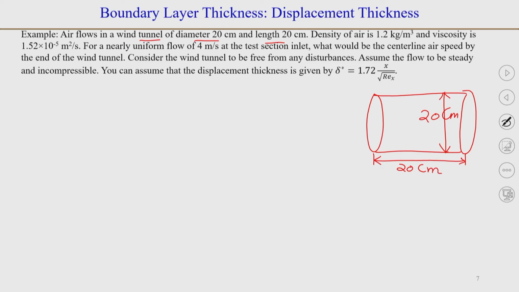Now, the air approaches with, say, uniform velocity. We have been given rho and mu of air, and the velocity u infinity is given as 4 meters per second.